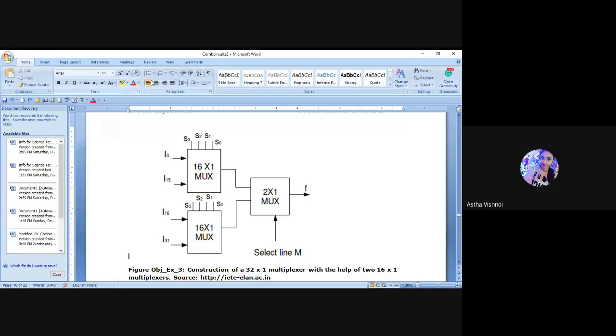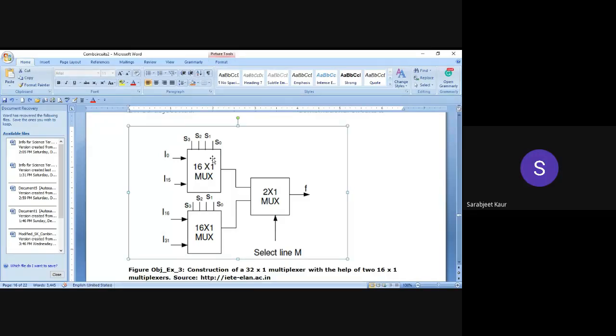Is that clear to everybody? Yes, ma'am. How many selection lines? 5. Exactly. And how many output lines? Only 1.